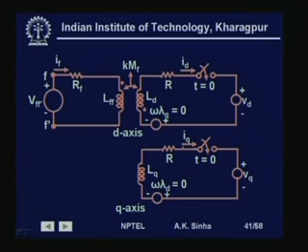Similarly, we have the circuit for the q axis where the voltage generated is the speed voltage omega lambda q, LQ is the quadrature axis inductance, and R is the winding resistance. And we find that the q axis circuit is not coupled to any circuit, it is independent.